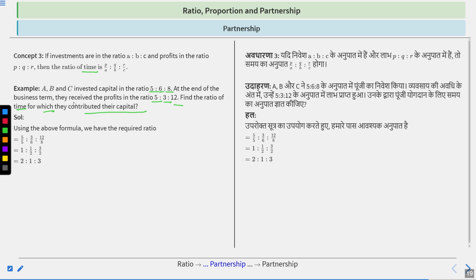So we use this concept with the formula. Investment is in the ratio A:B and profit ratio is P:Q:R, so profit should be divided by investment to make the ratio. So profit 5 is divided by its capital, profit 3 is divided by its capital, and in the same way the last profit is divided by its capital. So the ratio becomes 2:1:3, which is the time ratio of investment.